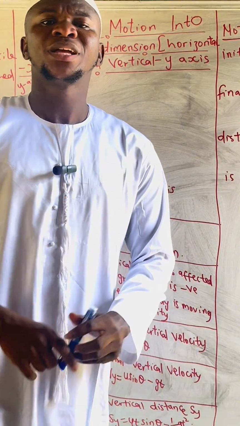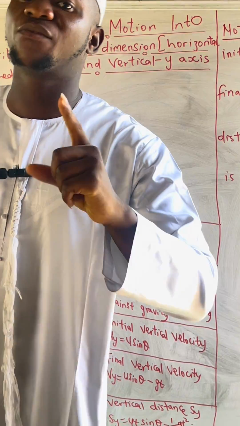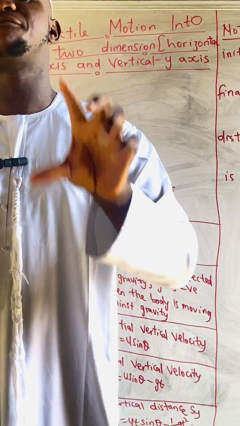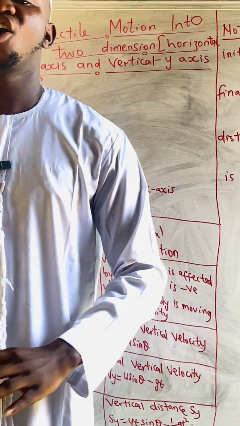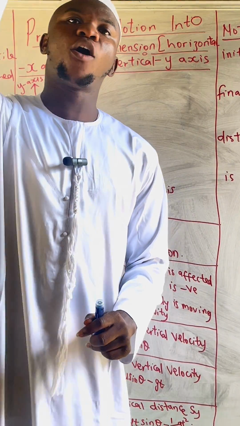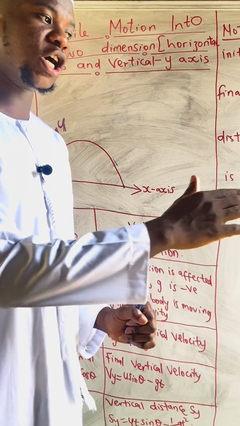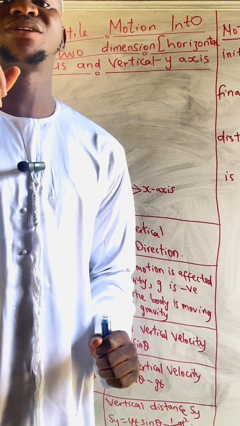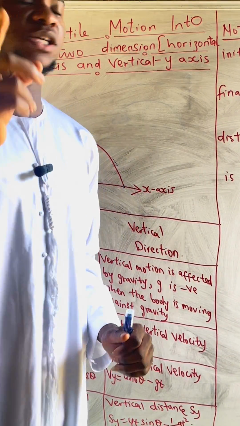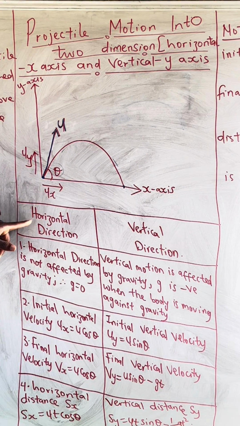You have to know that the force of gravity only has effects on an object moving either vertically upward or vertically downward. For an object moving in a horizontal direction, the acceleration due to gravity g has no effect.